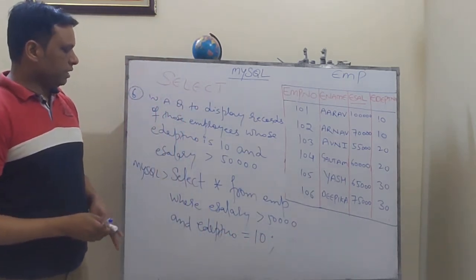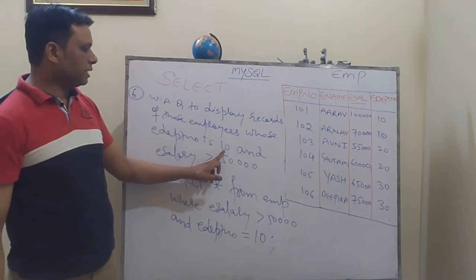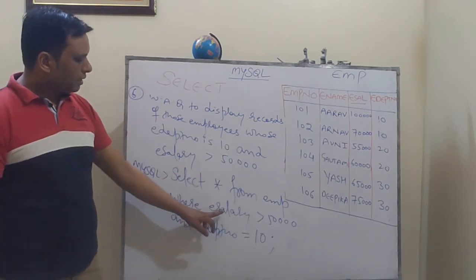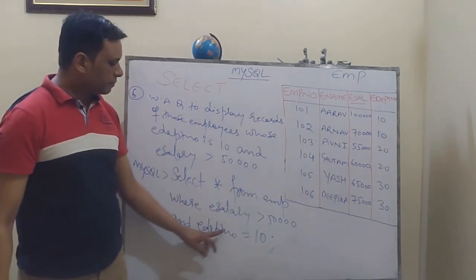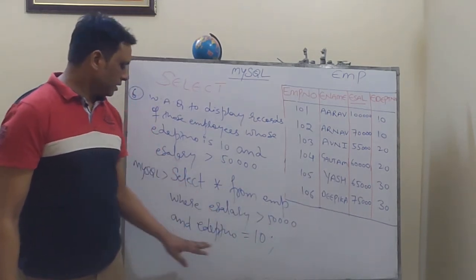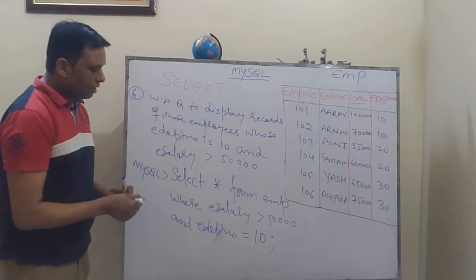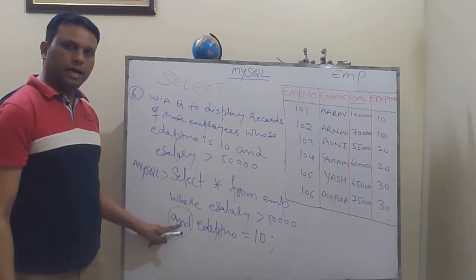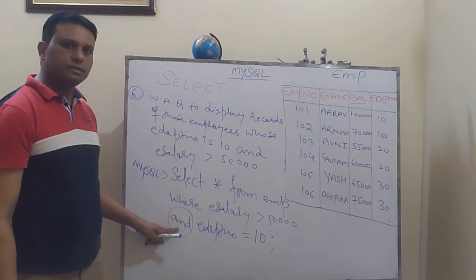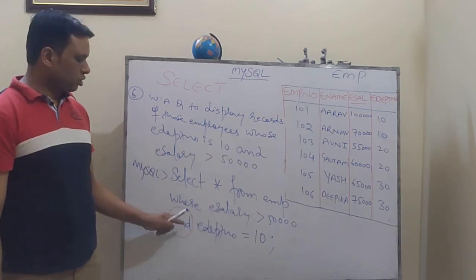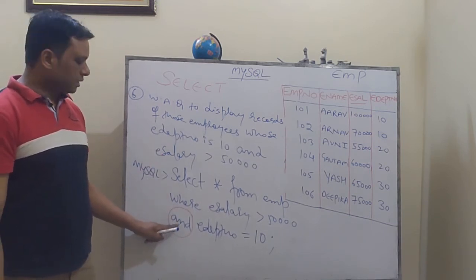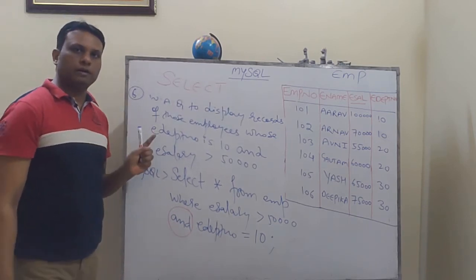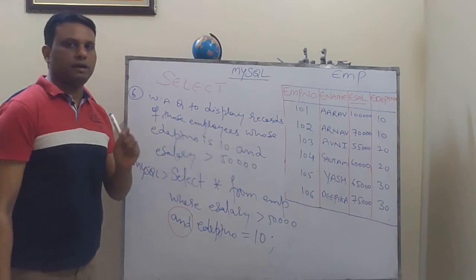In this query there are two conditions, department number 10 and salary greater than 50,000. Here I write E sal first and department number after it, so there is no problem. Now see how I combine these conditions with the help of AND. AND is an operator. Remember the three logical operators, AND, OR, NOT, which we discussed in class 11.